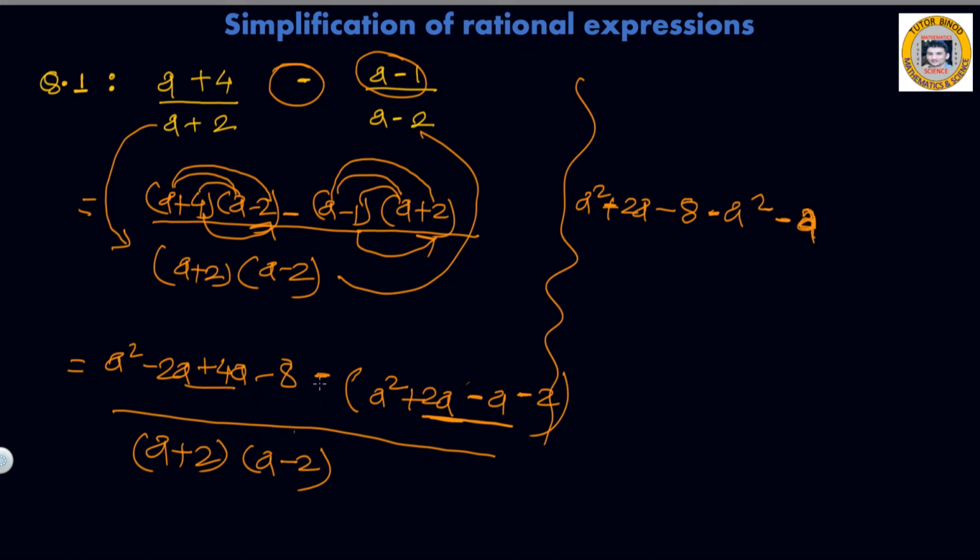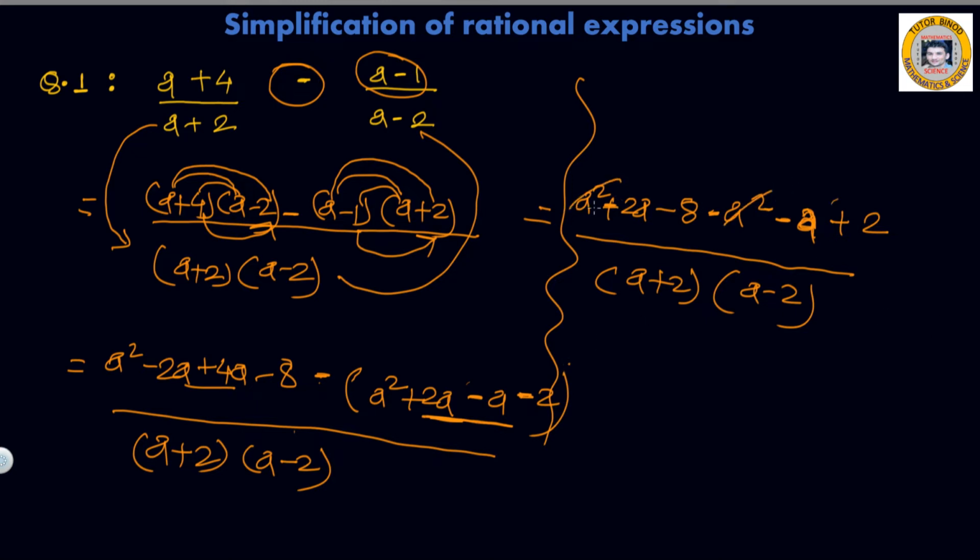Similarly, if I multiply minus times minus, I would have positive, so there will be a positive 2 over here. That's all in the numerator, whereas we have a plus 2, a minus 2 term as it is on the top. Now this negative a square and positive a square is gone, and 2a minus a is again a.